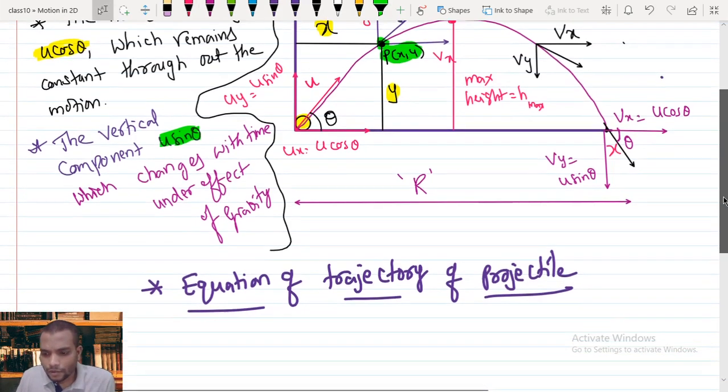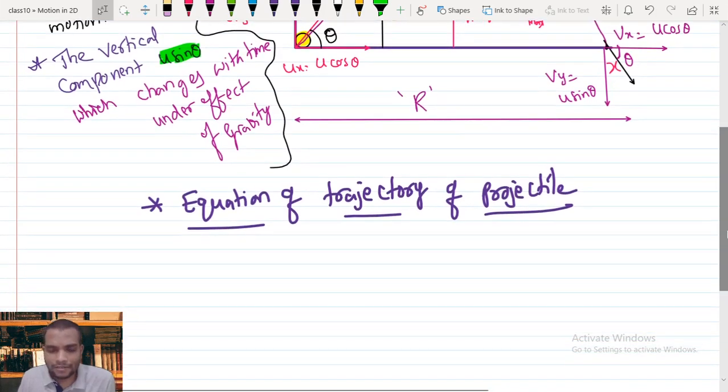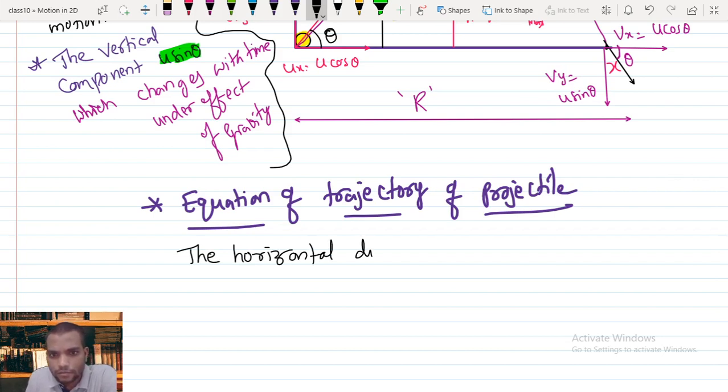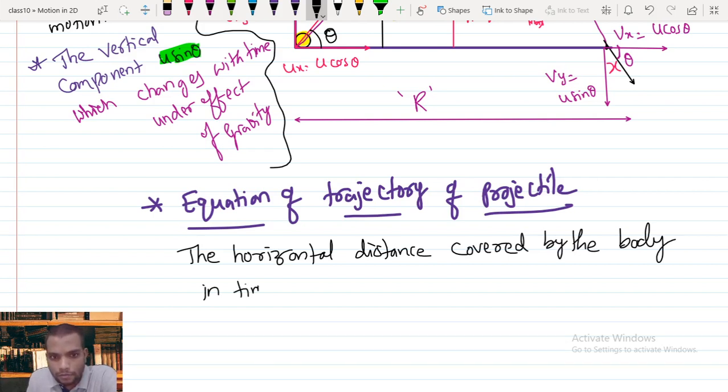Now we need to find the horizontal distance covered by the body in time t.